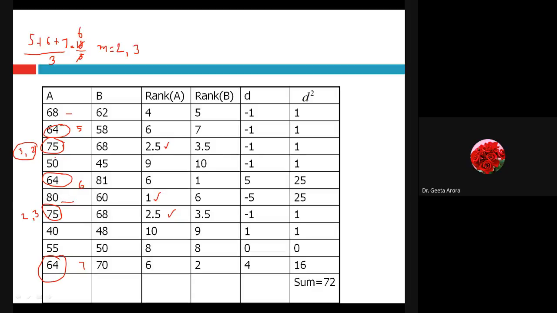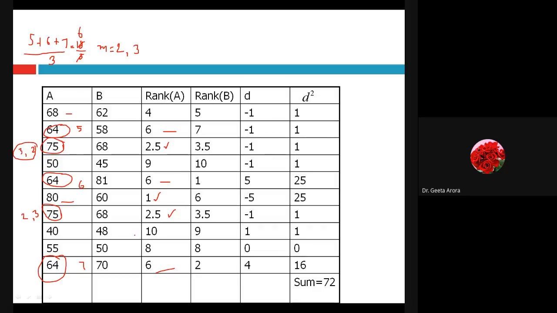So again we can't mark them 5th, 6th, 7th arbitrarily, but we took 5 plus 6 plus 7 and their mean. The mean comes as 6, so you can see here we have the 6th rank here, here and here. But actually we have accounted for 7 values. Right? Hope you're getting it.